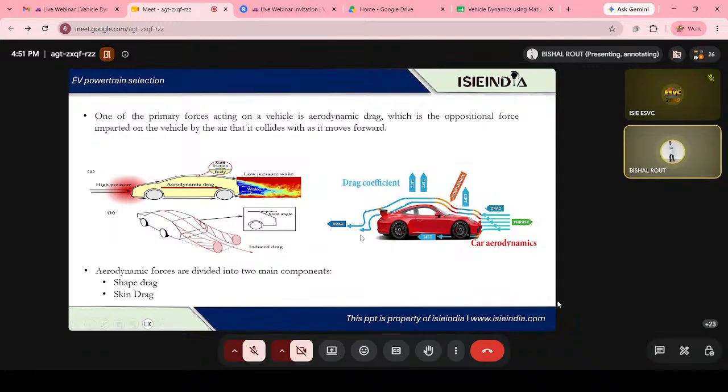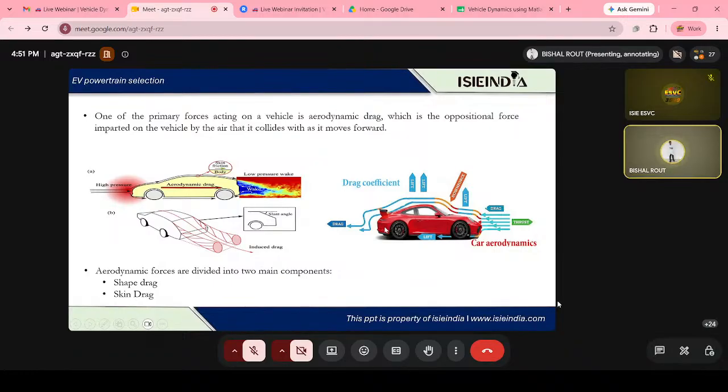We know force acts from higher pressure to lower pressure. So in front of the vehicle high pressure is created, in the back low pressure is created, and the force acts opposite to that. That is why your vehicle experiences aerodynamic drag force.